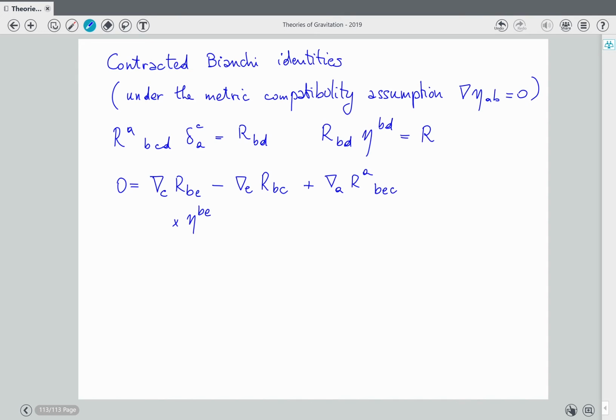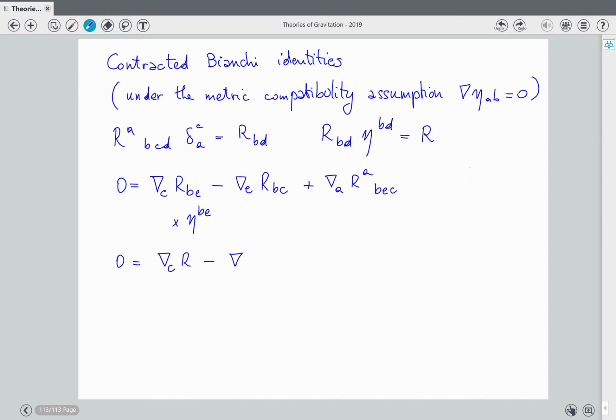Yes, so we get 0 equals del C R minus, now we have to remember what we are talking about here, because if we raise an index on this Ricci tensor and write it like that, we may get confused with the two form which we used so far.